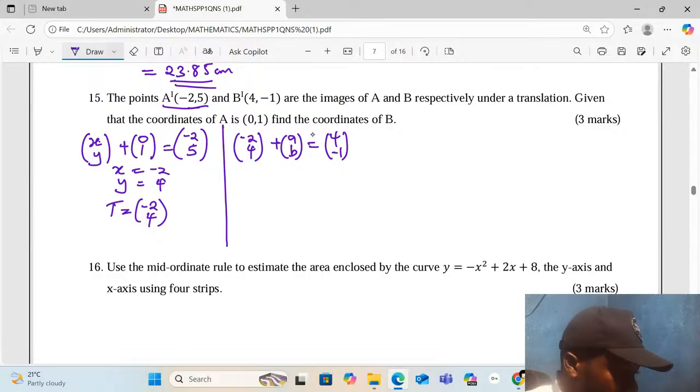So negative 2 plus a gives us 4, and a becomes 6.